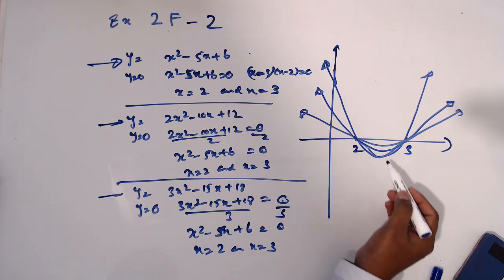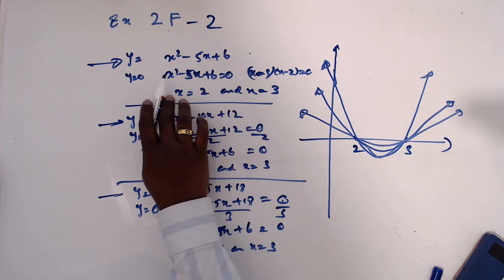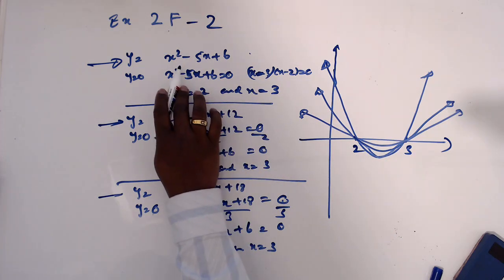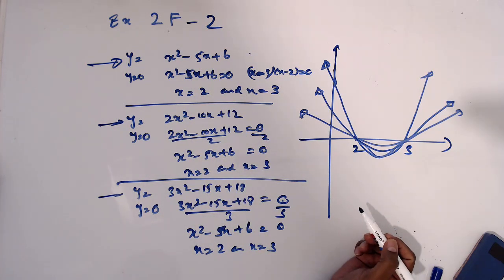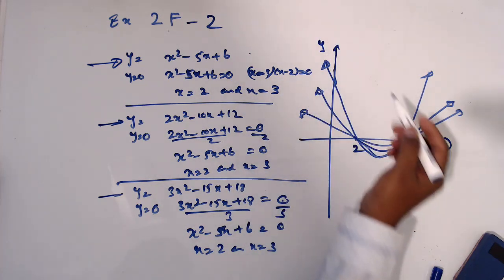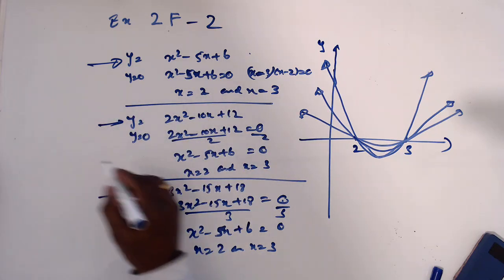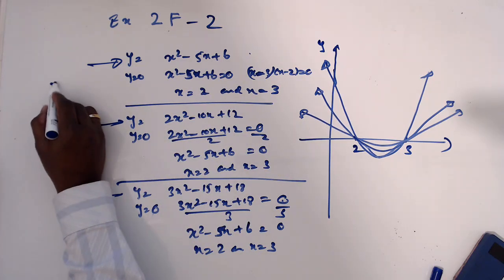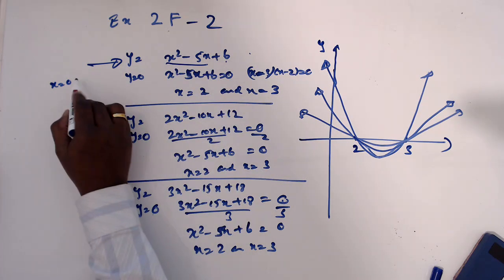if we want to find, okay, when I take this one, x square minus 5x plus 6, in which way it will cut the y-axis. To find the y-axis we want to make x equals 0. When x equals 0 here, y value is 6.